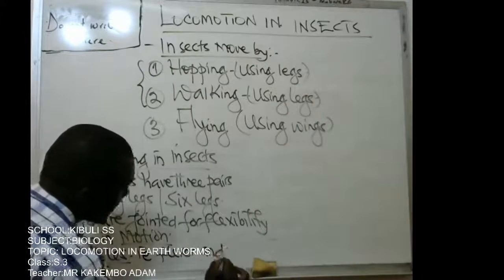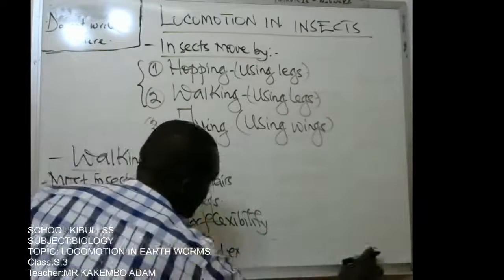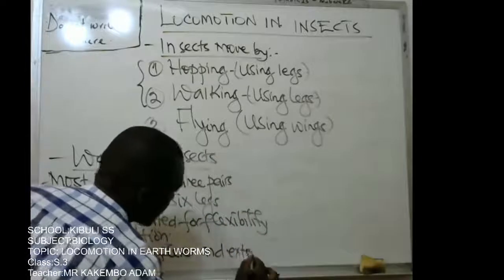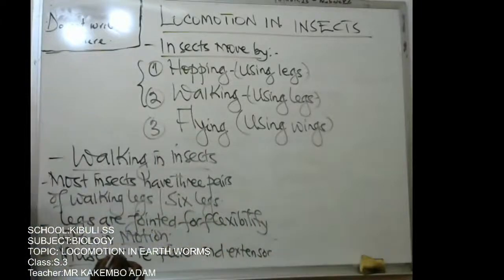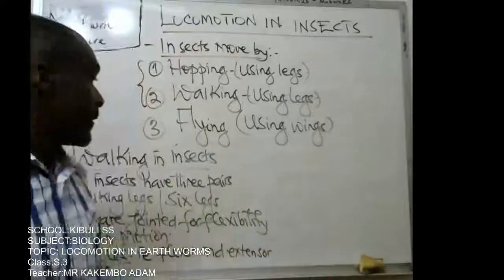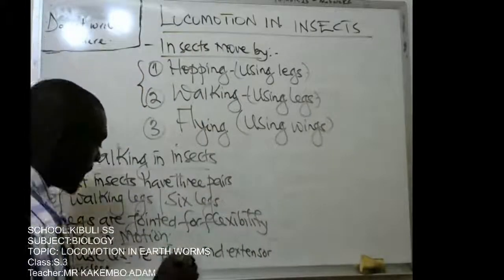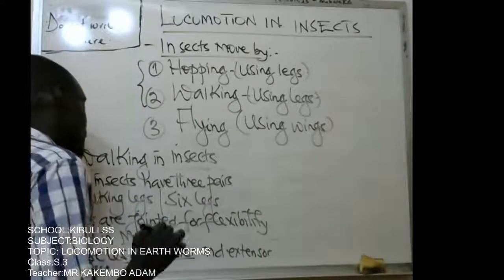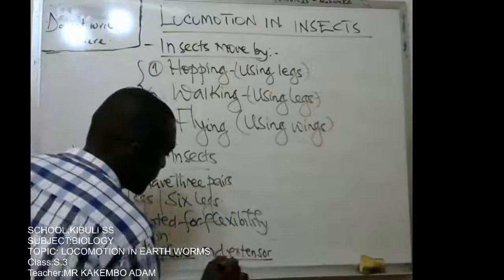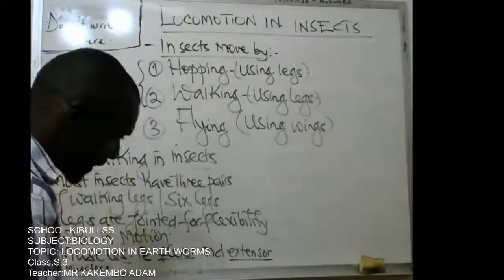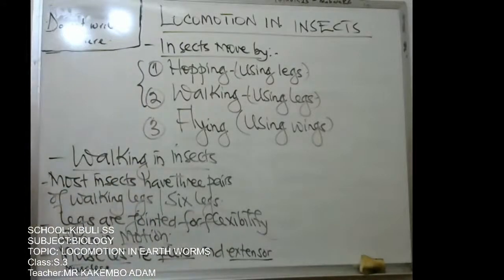Like we have been saying, those muscles work antagonistically. When the flexor muscle contracts, the extensor muscle relaxes, bringing about an effect in the body.